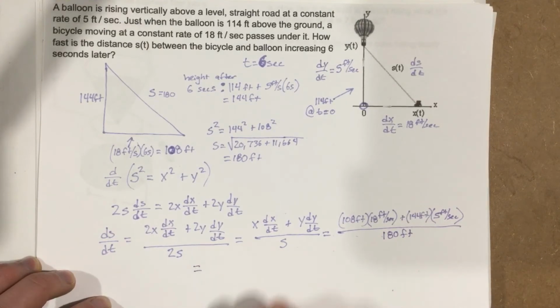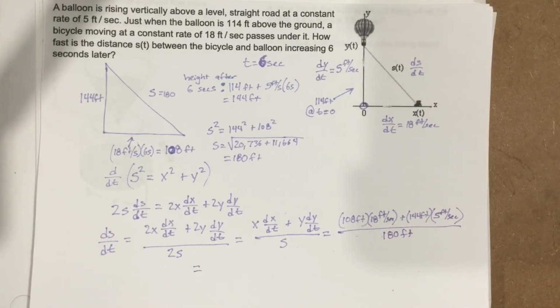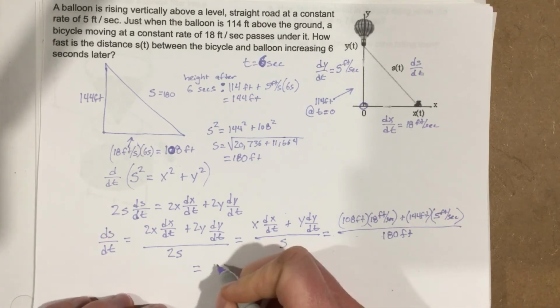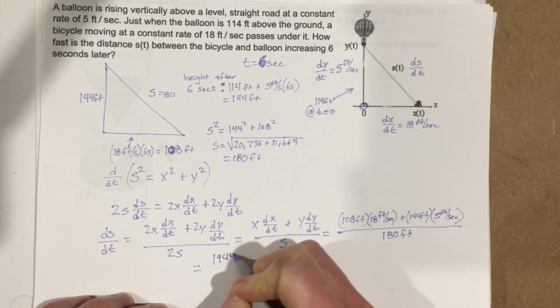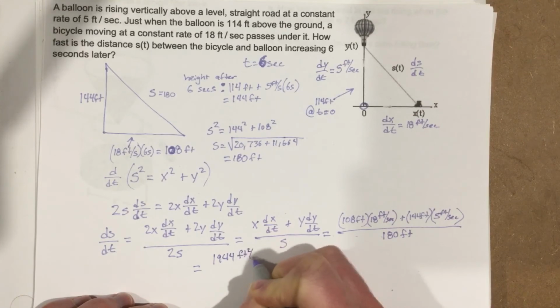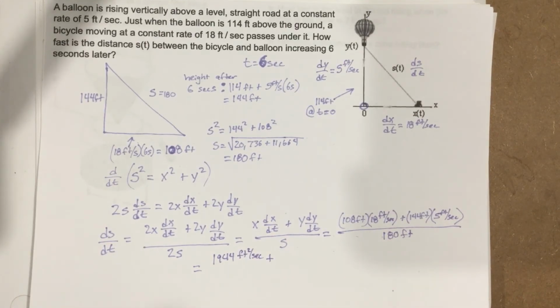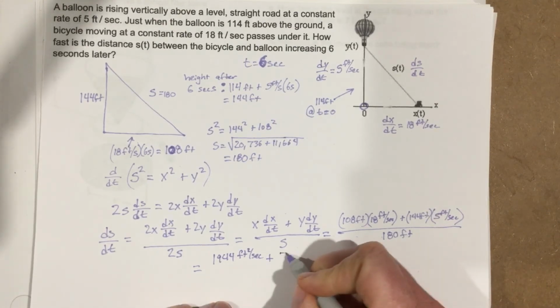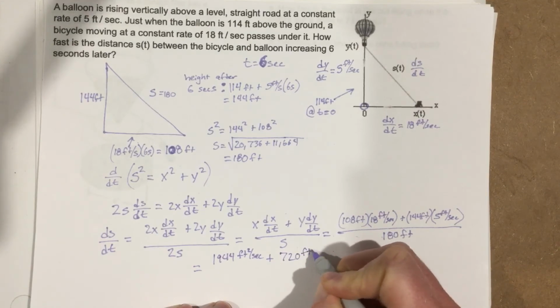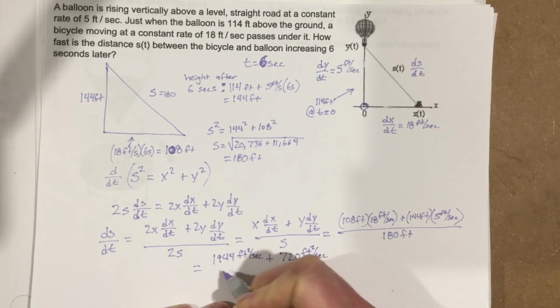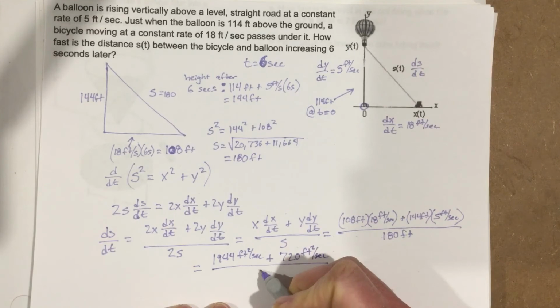When we plug all that in the calculator, this is what spits out. So we'll start with 108 times 18. This is 1,944 feet squared per second. Plus 144 times 5, 720 feet squared per second, over 180 feet.